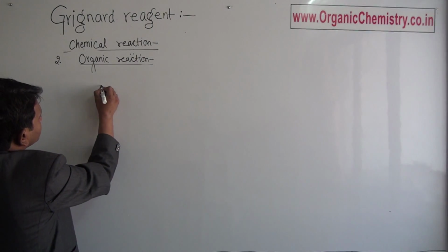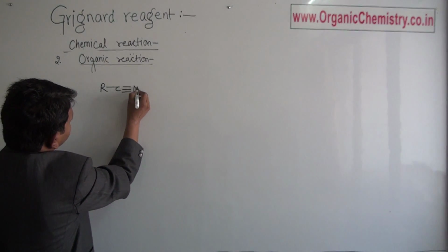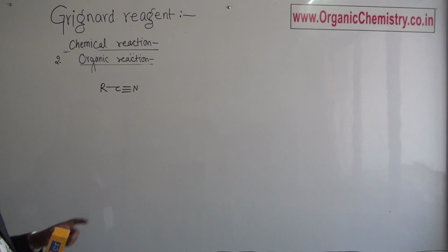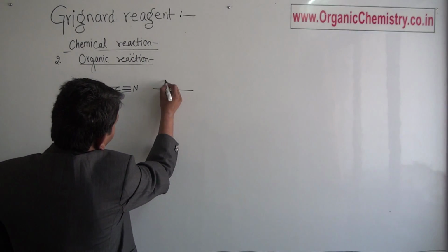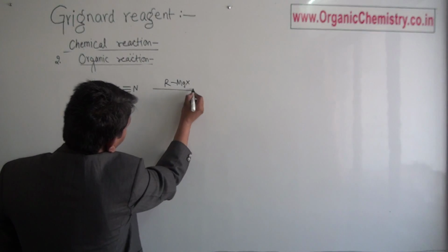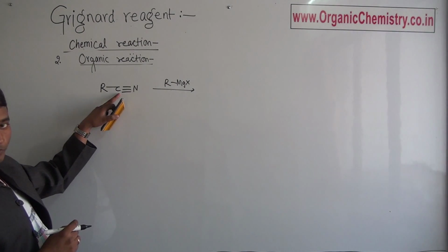Now, nitrile. If RMgX attacks over nitrile, this is RMgX. This carbon also has partial positive charge.